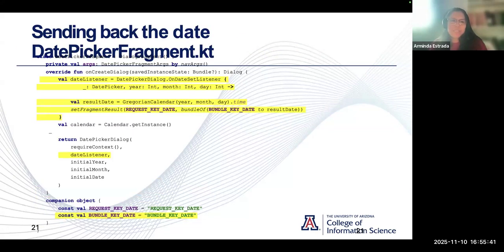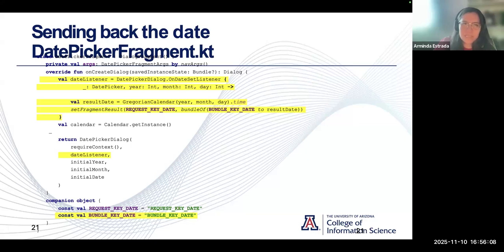So, sending back the date, here we do the date listener. This is part of the date picker dialog fragment. We have the value called dateListener, and then the DatePickerDialog.OnDateSetListener. We call in the date picker, the year, which is an integer, the month, and the day, which are all integers.